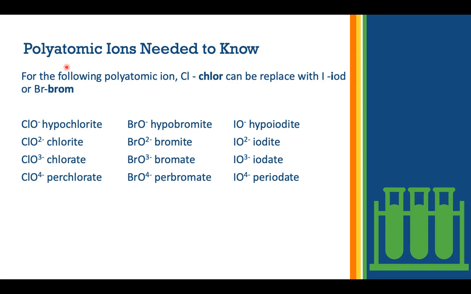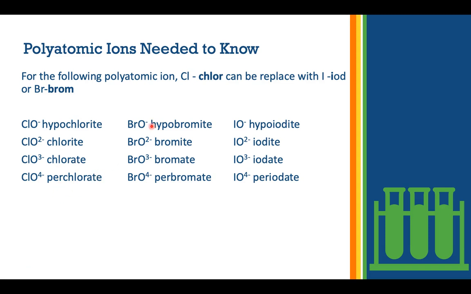We have more polyatomic ions that you need to know. For the following polyatomic ions, Cl can be replaced with iodine, I, or Br, bromine. So, for instance, these are written out. We have hypochlorite, chlorite, chlorate, and perchlorate.